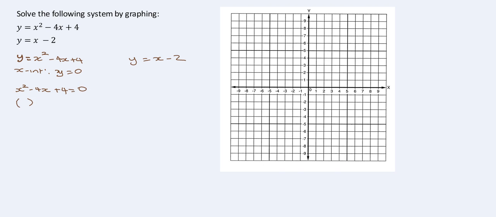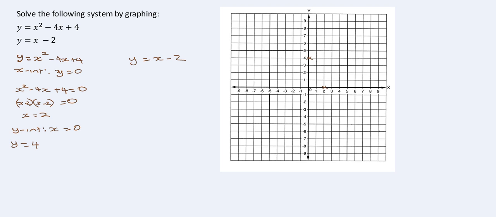So that's going to give us x minus 2 squared equal to 0. So x equals 2. Y-intercept, x equals 0. So y equals 4. So we have the point right here, y equals 4.